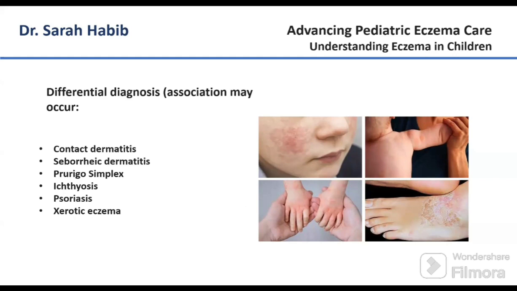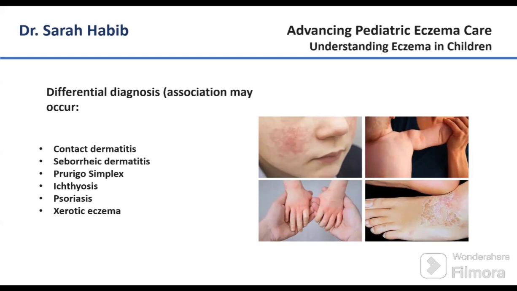Psoriasis can look very similar to atopic dermatitis. Again, the features are very distinct, but they can be very confusing. In psoriasis, the base is very erythematous, and the silvery scale is a typical hallmark of psoriasis. While in atopic dermatitis, the silvery scale is not a mandatory thing. The oozing or the exudate is quite common in atopic dermatitis, but not in psoriasis.